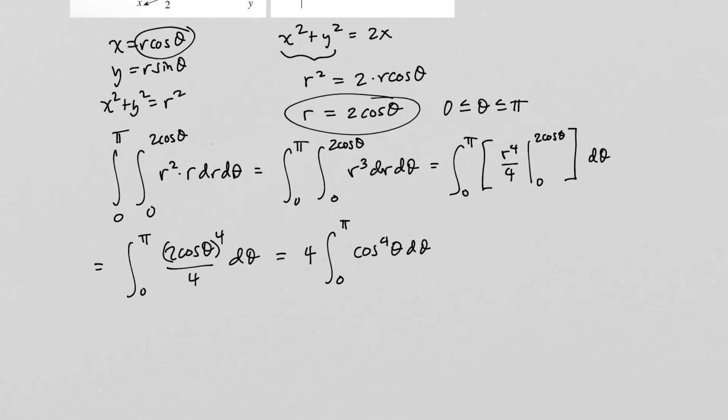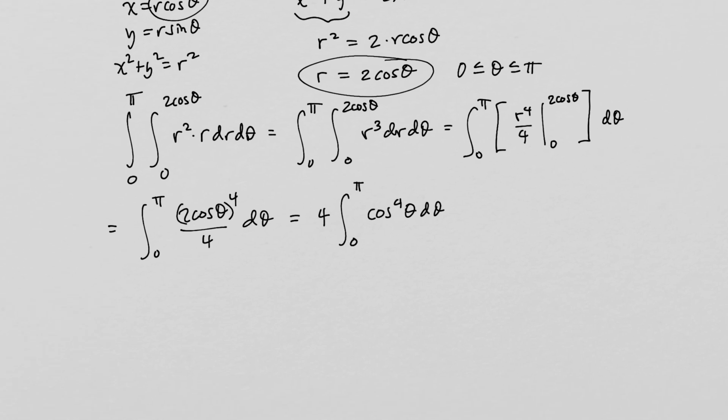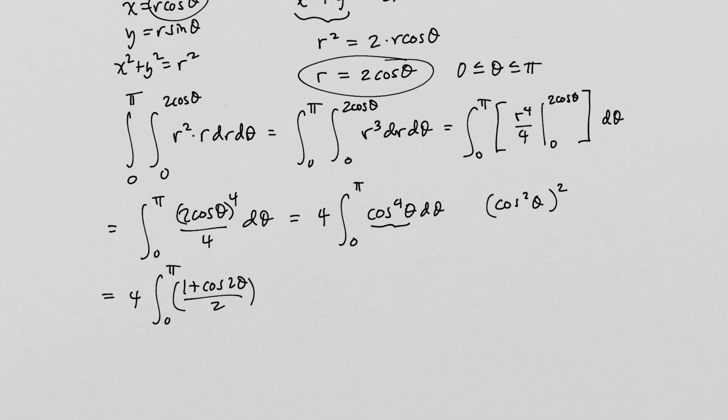So now we need to use the half angle identity twice. So if we do that, we're going to have 4 integral. Cosine to the 4th of theta is cosine squared of theta quantity squared. Cosine squared is 1 plus cosine of 2 theta divided by 2. And then we have to square that. Squaring the 2 here gets 4, which cancels the 4 here. So we end up with the integral from 0 to pi of 1 plus cosine of 2 theta quantity squared.